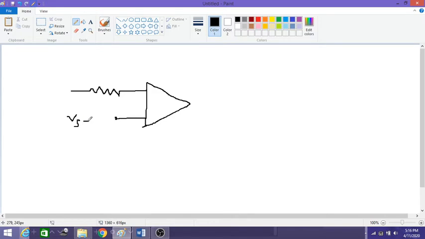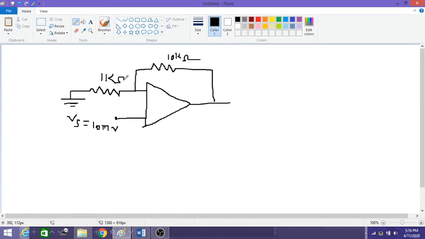So this Vs here is equal to 10 millivolts, and this is grounded. So here we have the feedback network. So this is 10 kilo ohms, and this is 1 kilo ohm. So this is inverting, this is non-inverting.